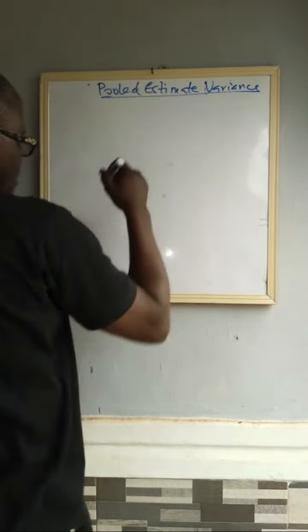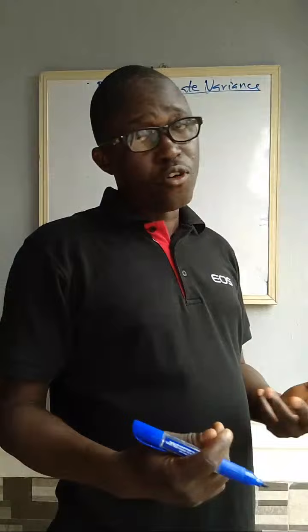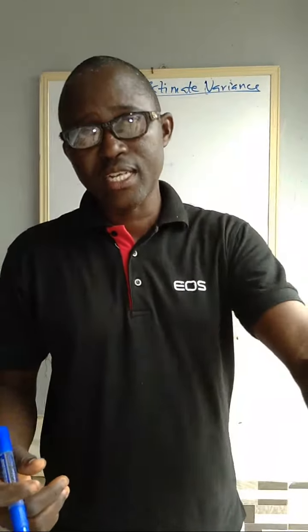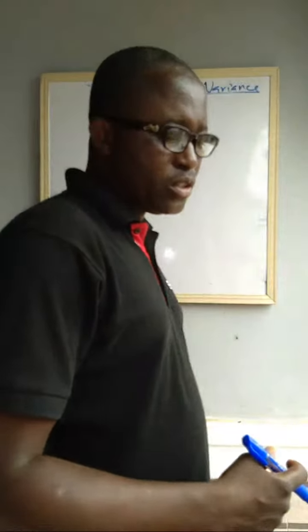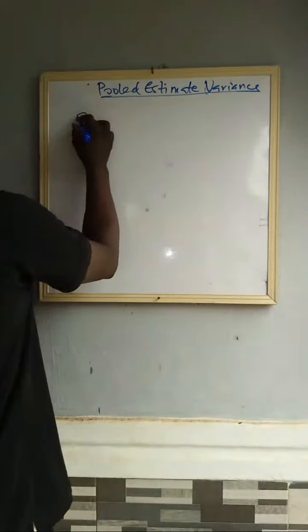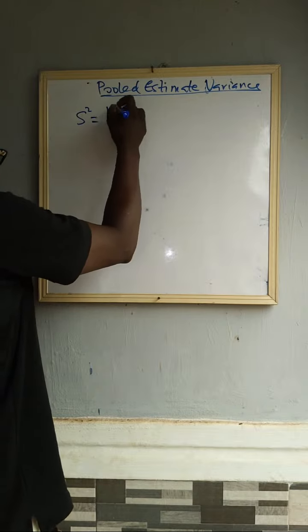Now, the pooled estimate of variance is a simple formula based on the variance of two data sets. It's given thus: s squared equals (n1 minus 1) times s1 squared, plus (n2 minus 1) times s2 squared, all divided by n1 plus n2 minus 2.